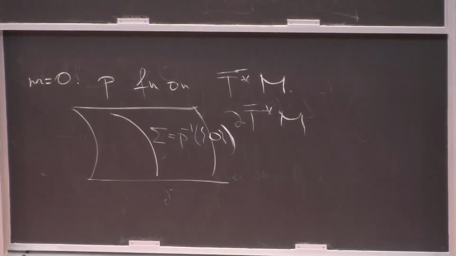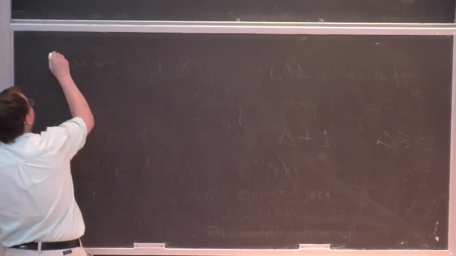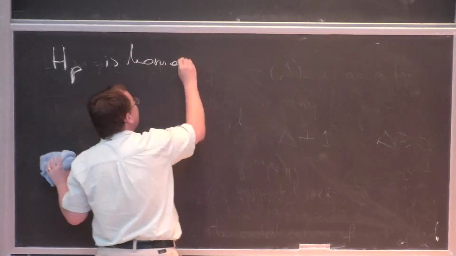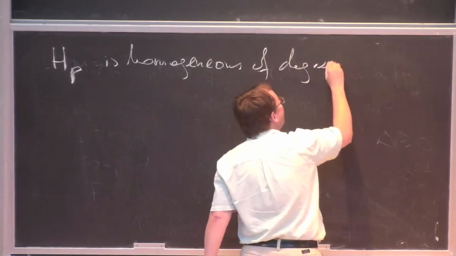And so the way you want to think about this is that, first of all, in general, H_P is homogeneous of degree m minus 1.